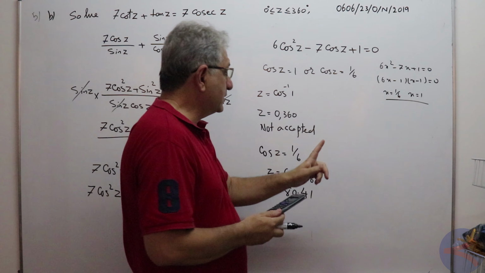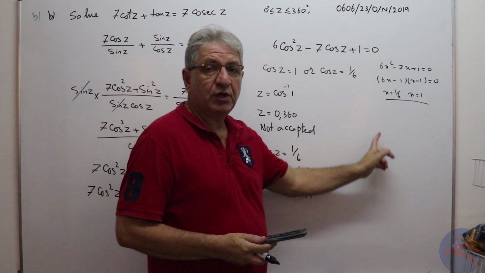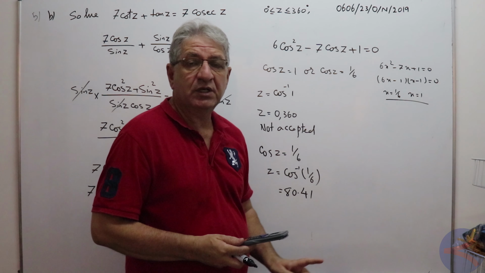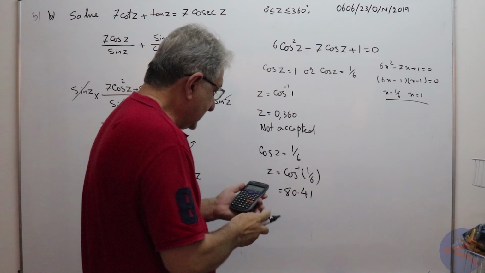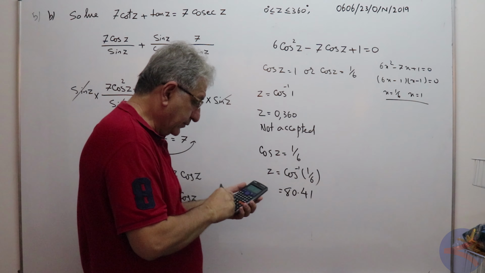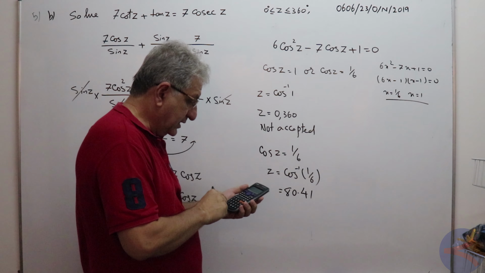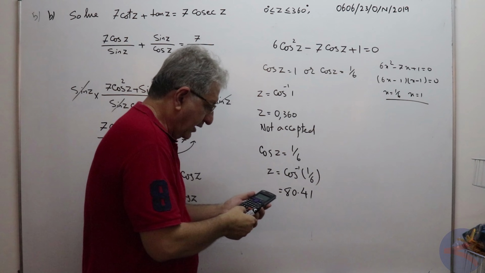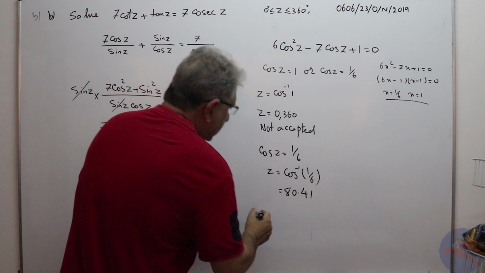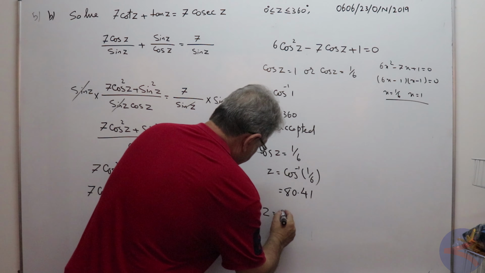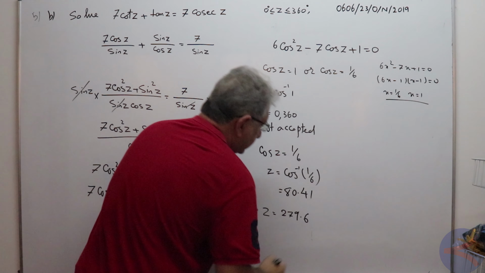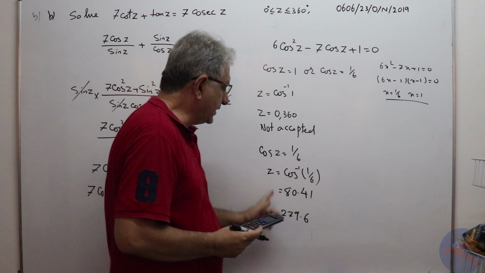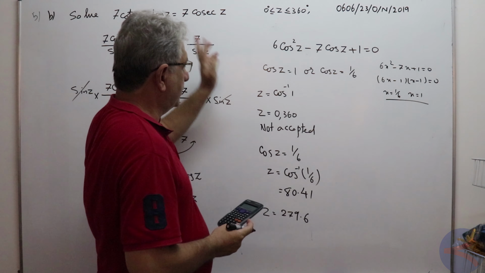We know that cos is positive in the first quadrant and also in the fourth quadrant. Therefore, another answer is 360 minus this answer which we are having. Therefore, the other answer is z equal to 279.6. Therefore, these are the two answers for this equation.